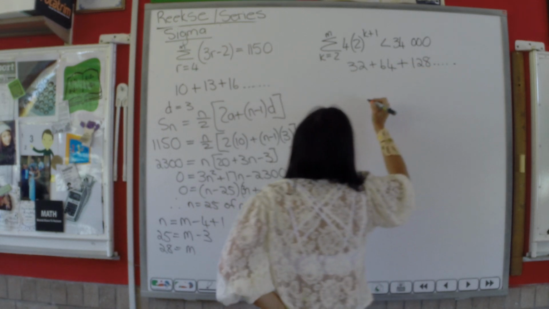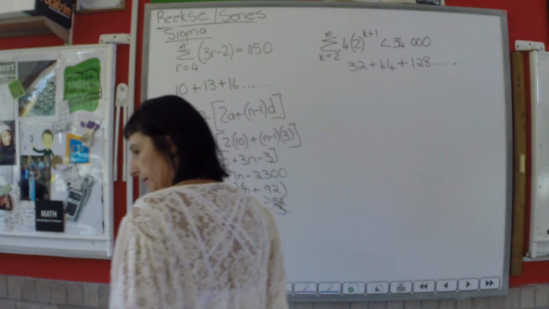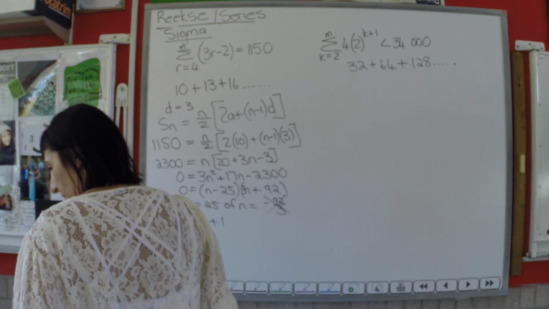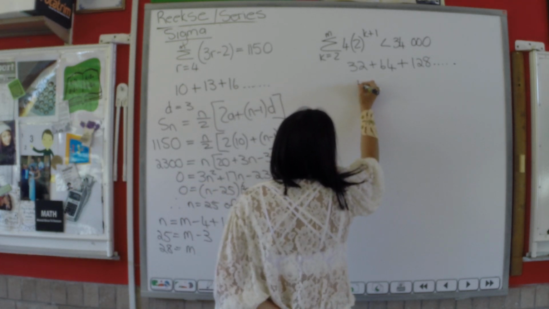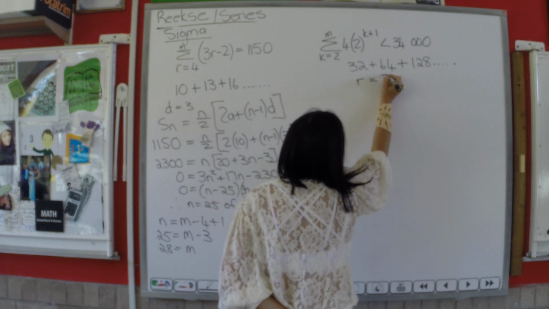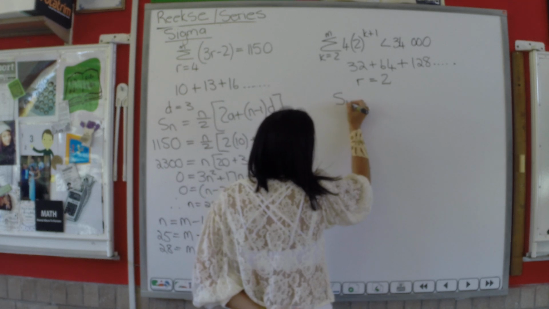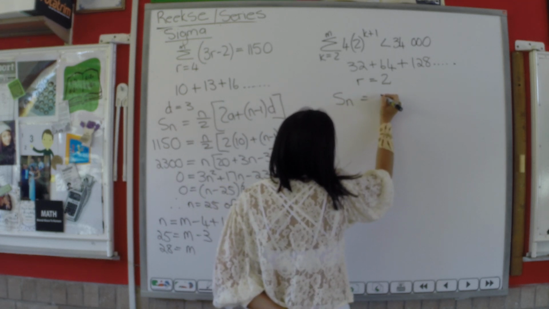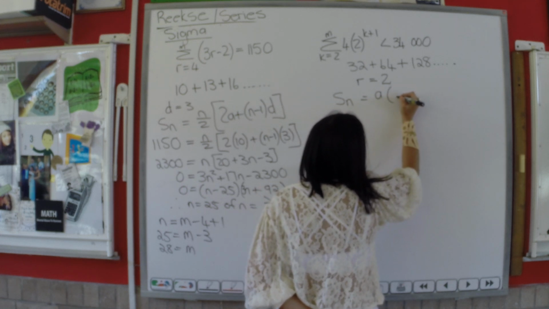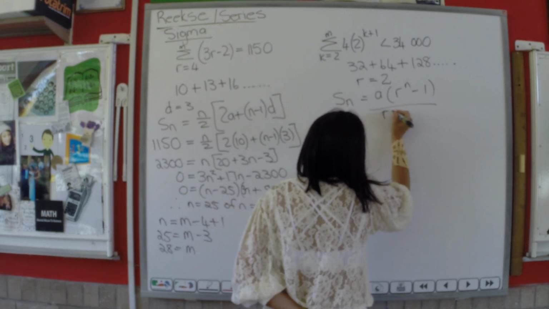Okay, so if you look at this, it's going to be again a ratio. So the ratio equals 2. So I've got the sum of, and now it's a times r to the power of n minus 1 on r minus 1.